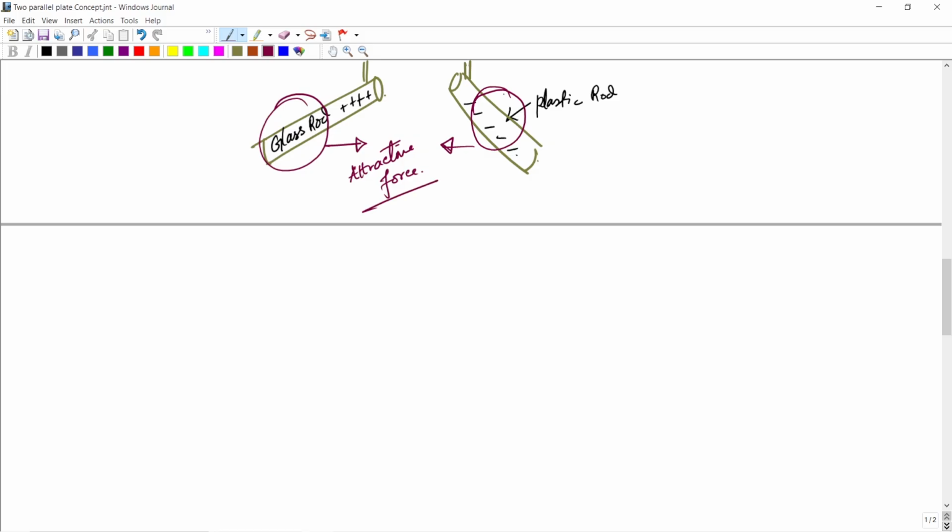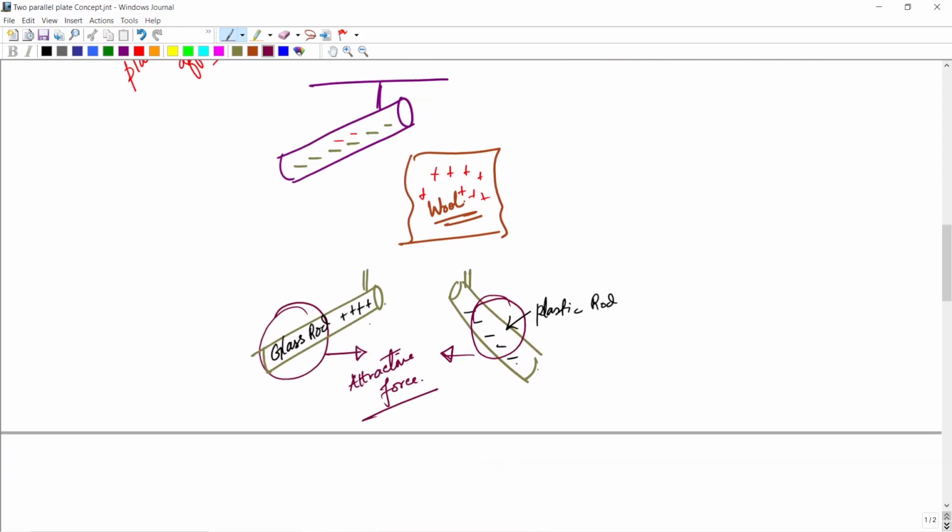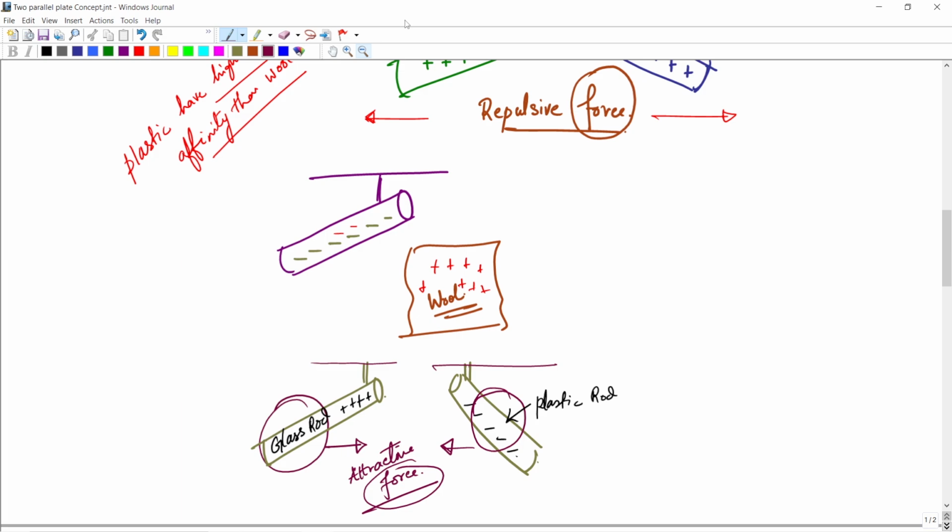Okay. Previously with two like-charged rods there was a repulsive force, and here with two unlike-charged rods we see an attractive force. This repulsive and attractive force is called electrostatic force.